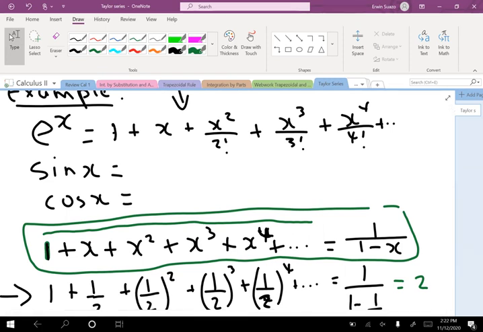If instead of x, I say e to the 2, so let me change this x for 2 everywhere.